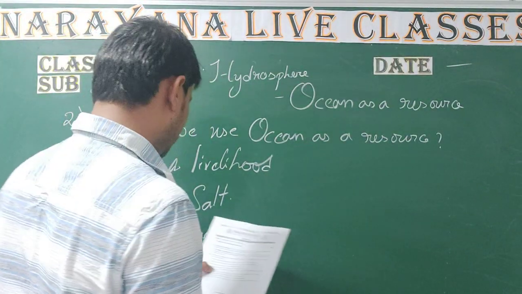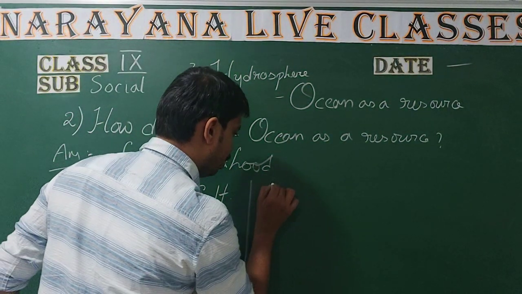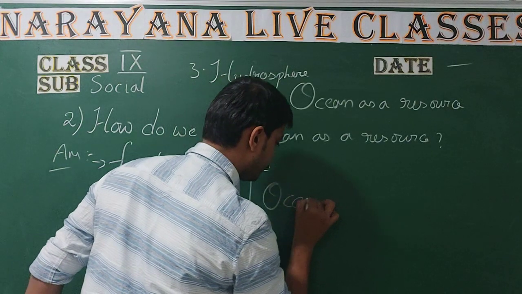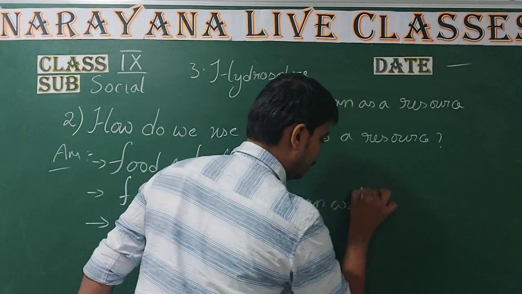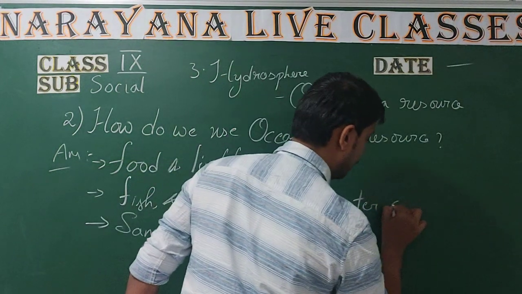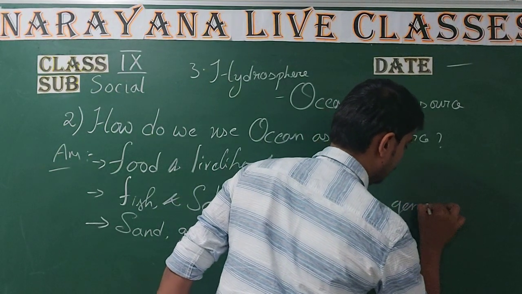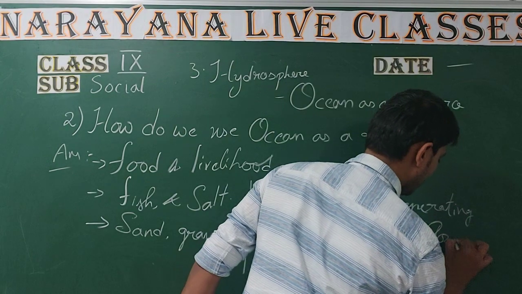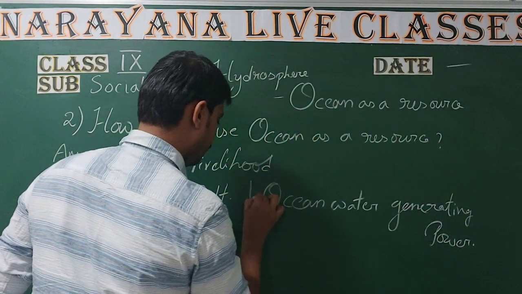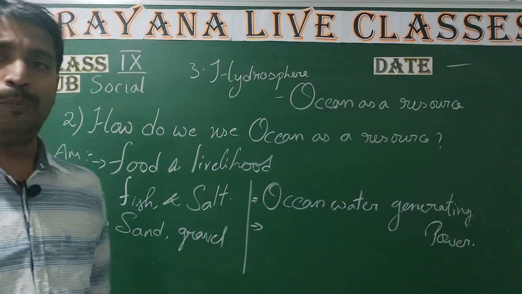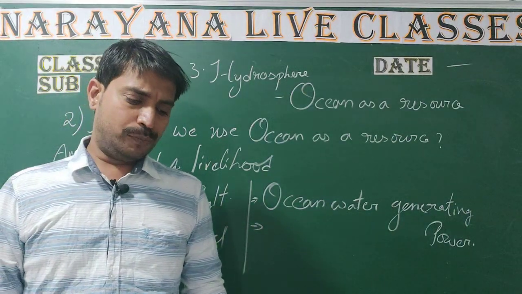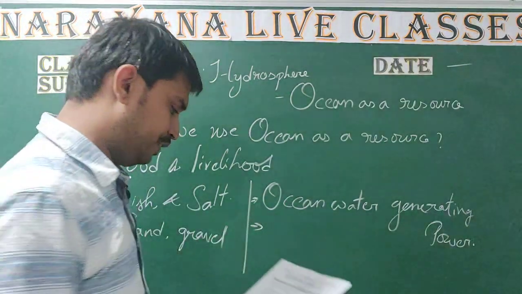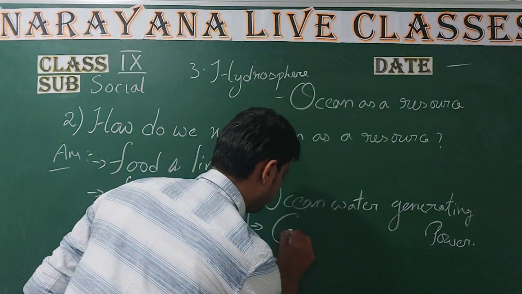And the next one is about the ocean water. Ocean water is also useful for generating power, electricity. And coming to the fifth point, the ocean also provides us with gems and pearls.